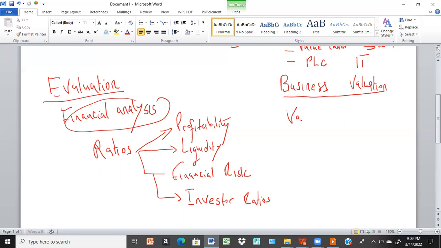Valuation of equity, using asset-based valuation, market-based valuation, and also cash flow-based valuation.